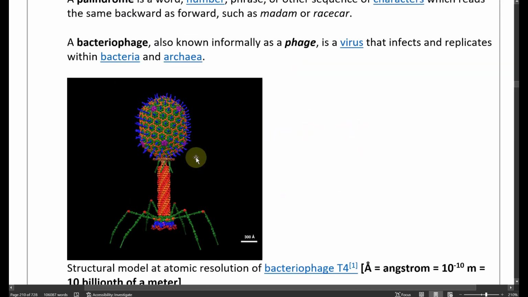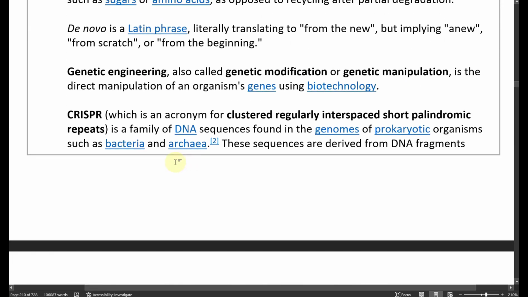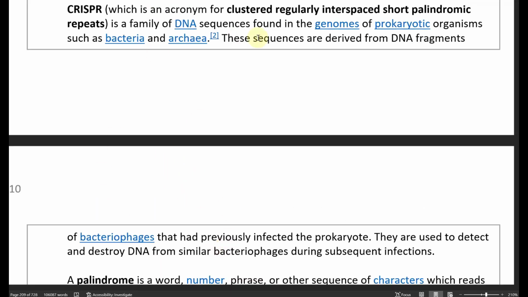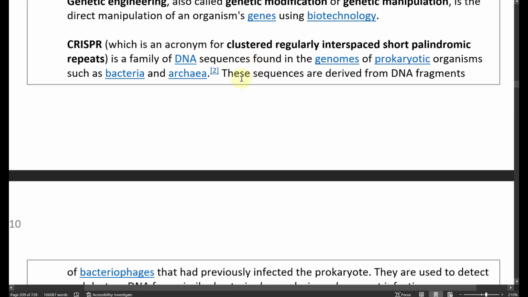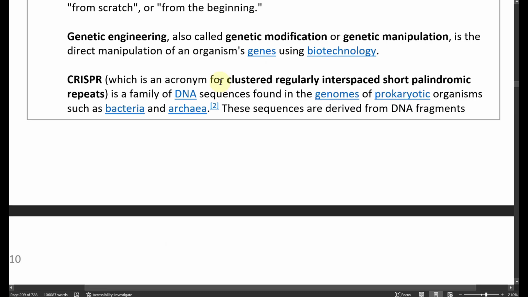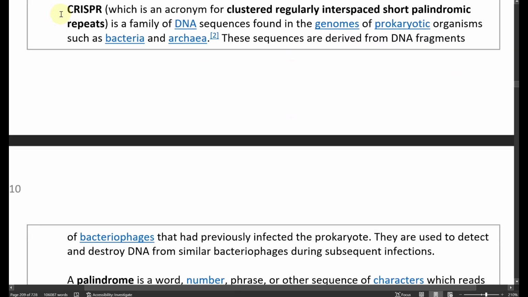So you have these bacteriophages. They infect bacteria or archaea, which are single-celled organisms. After that initial infection, there are sequences derived from the DNA fragments of the bacteriophages, from the remains. They're going to be clustered, regularly interspaced, short palindromic repeats, basically the same forward and backward.